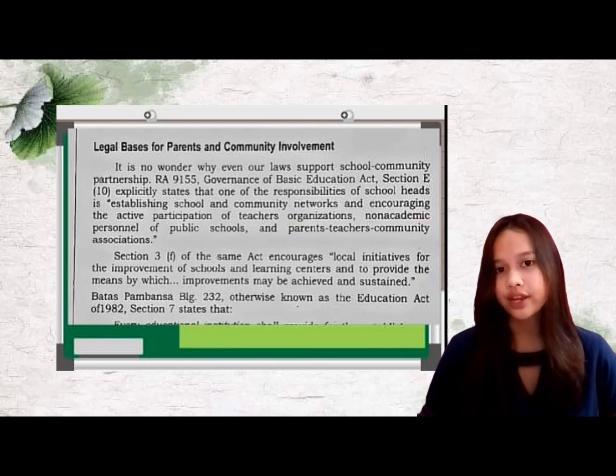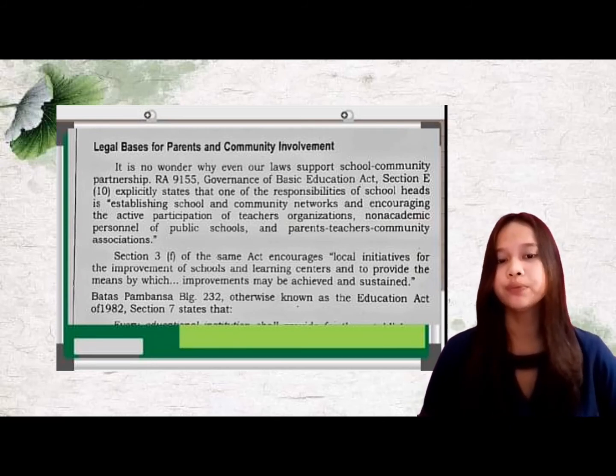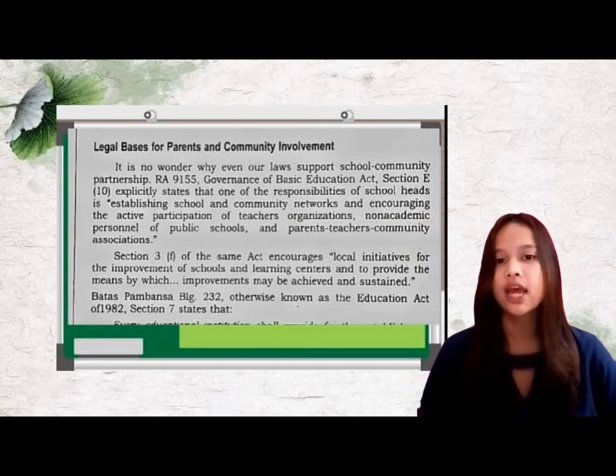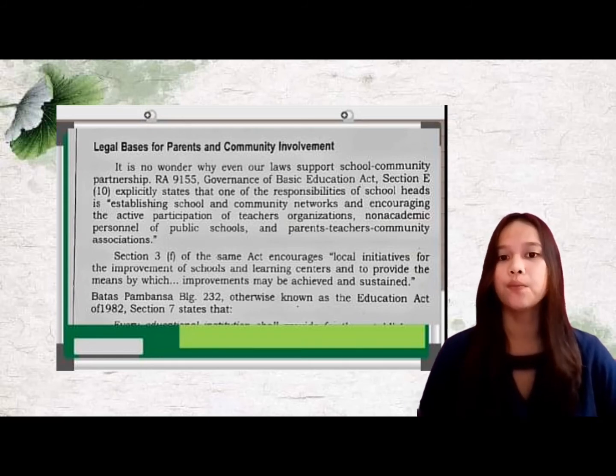Also, Section 3 of the same Act encourages local initiatives for the improvement of schools and learning centers and provides the means by which improvements may be achieved and sustained. This act can assist learners in accepting responsibility for their actions in a more conducive environment.